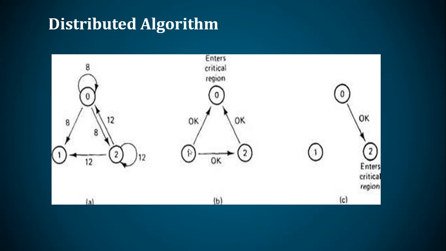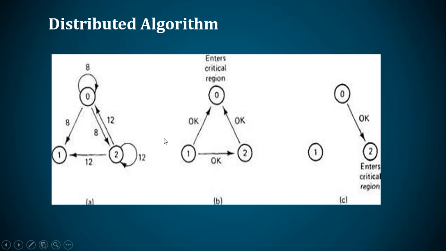Process 0 sends everyone a request with timestamp 8, while at the same time process 2 sends everyone a request with timestamp 12. So in this diagram we can see process 0 is sending request to all other processes including itself. Same, process 2 is sending request with timestamp 12 to process 0, process 1 and including itself.